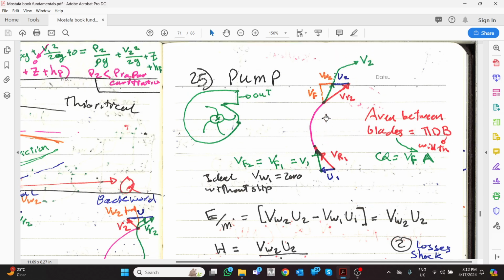Okay, it is a similar case where the water enters here in the axial direction, ensuring that the water velocity is vertical to the plate, or vertical to the rotation speed. So V1 is equal to V flow 1, and it is equal for sure to V flow 2 because it never changes.